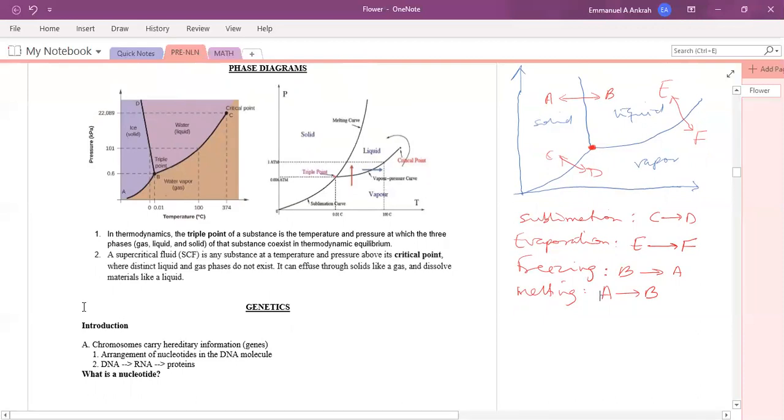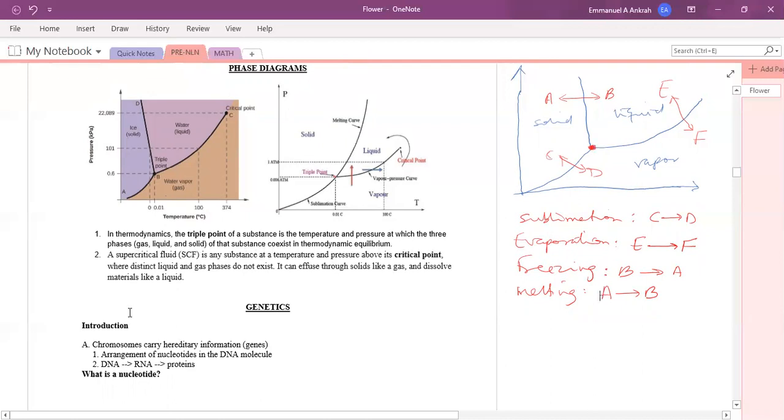Great. So let's read this one. One says: In thermodynamics, the triple point of a substance is the temperature and pressure at which the three phases, gas, liquid, and solid, of that substance coexist in thermodynamic equilibrium. They're all existing at that point, the triple point.